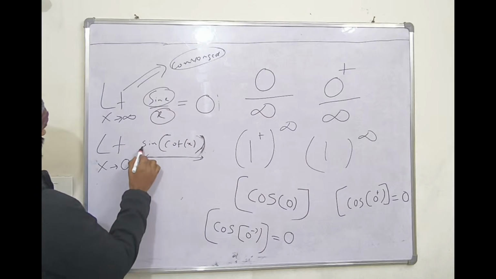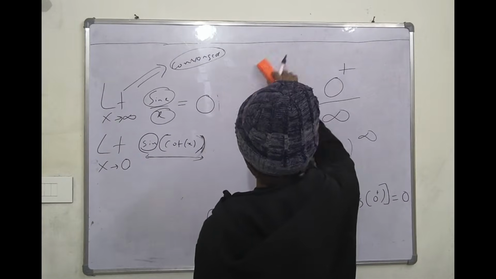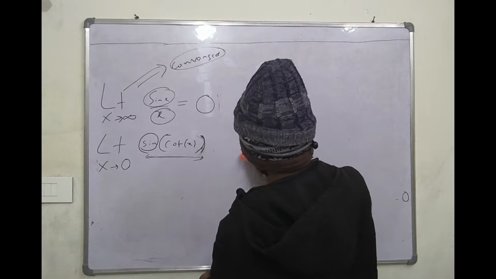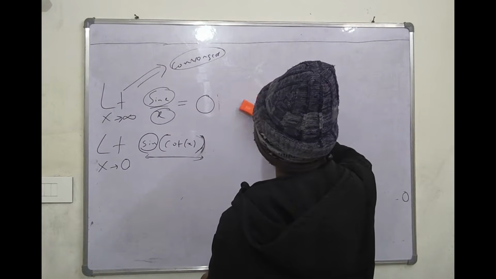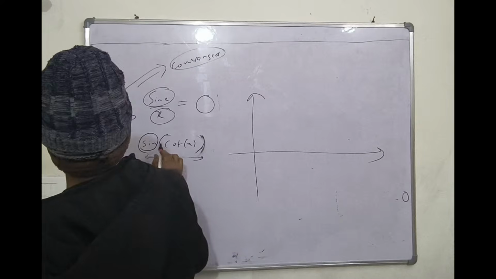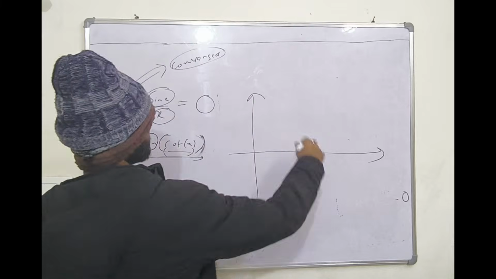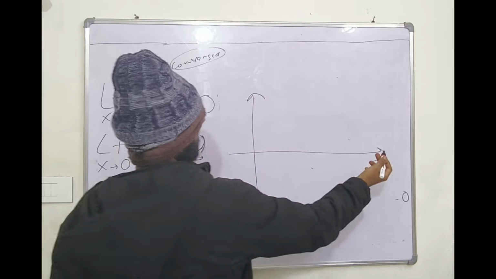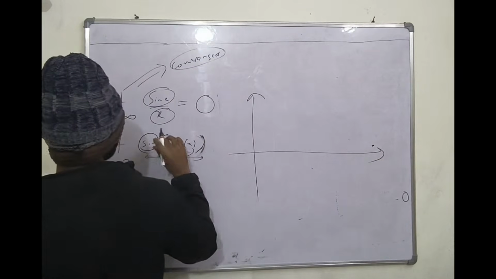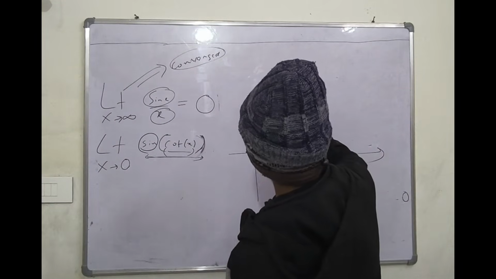So because of that, let's take an example. Cot 0 value is cos 0 by sin 0, which is plus infinity. So sine of cot x at x equal 0 is at plus infinity.